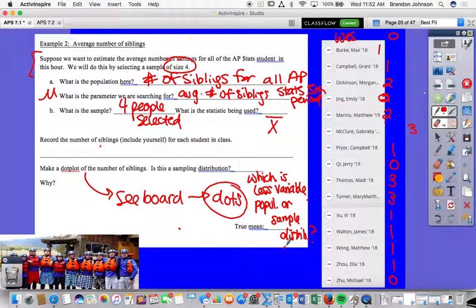Here's a question: which has higher variability, the population or the sampling distribution? Population. Okay. Someone explain. James, go ahead.